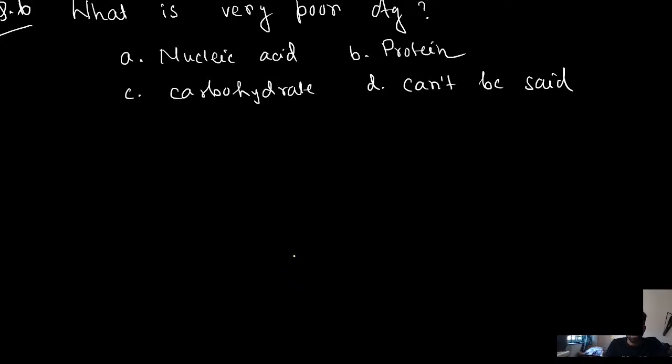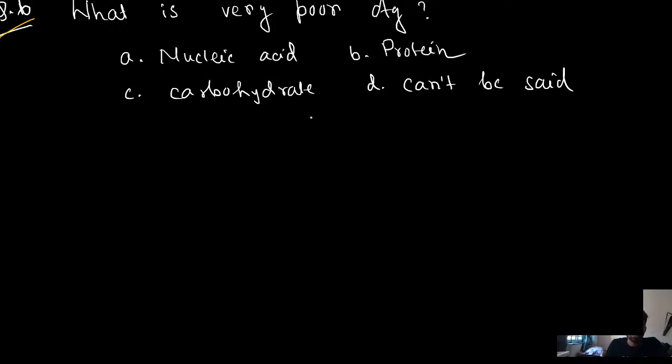This is question number six: what is a very poor antigen?